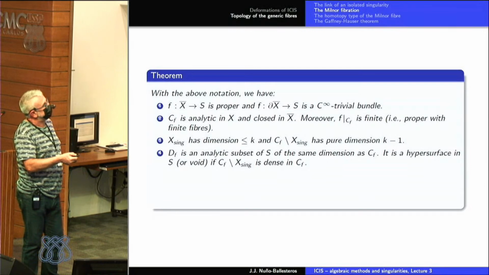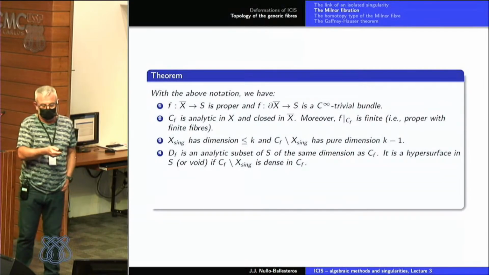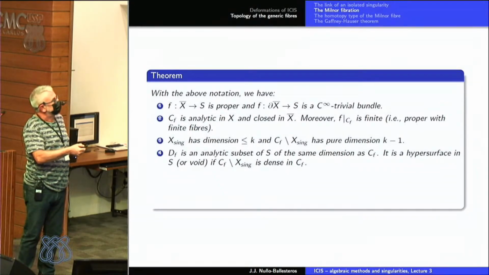So it is a hypersurface in S, if not empty, and moreover, the CF minus the singular locus of X is dense in CF. So you don't have to worry about this, because in our case, when we take analysis, this X thing is empty. So this X thing has no importance.